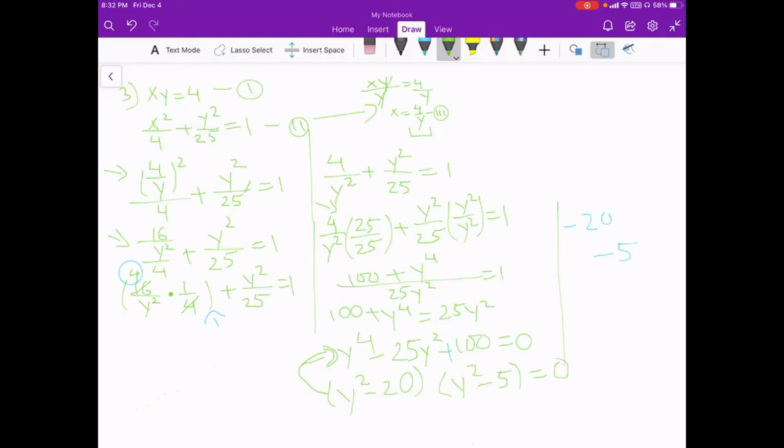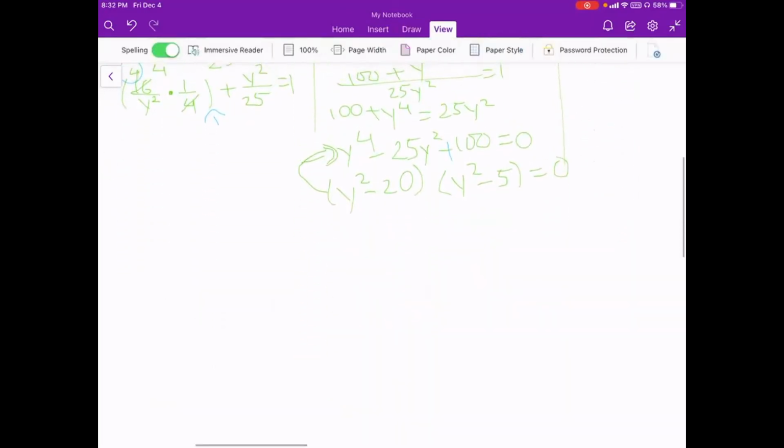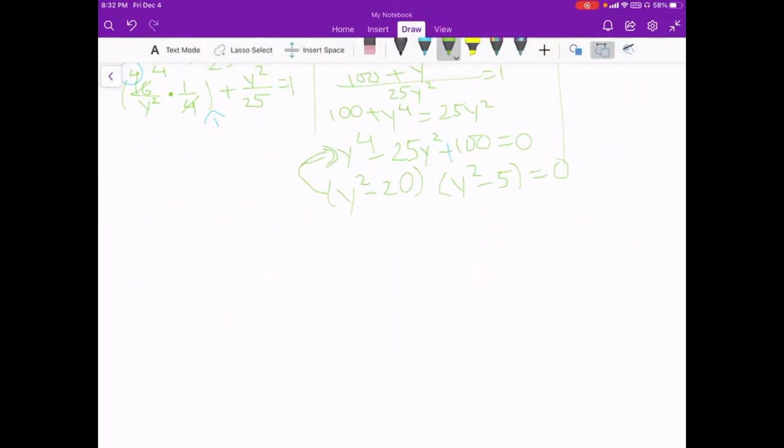Now I have to solve for y, so I have to set each of my factors equal to 0. I'm going to set this one equal to 0, and this one equal to 0.